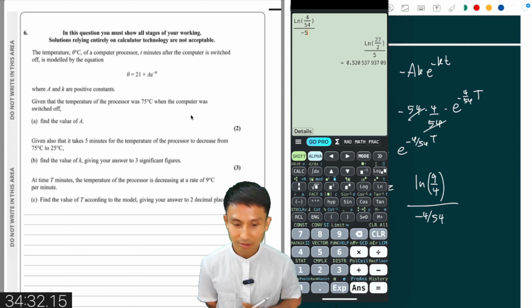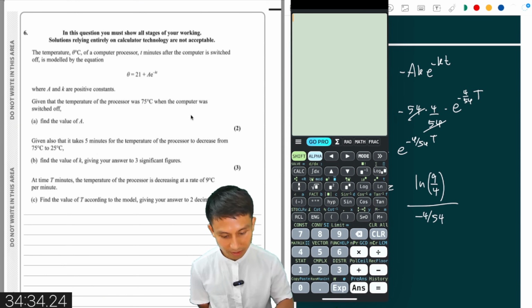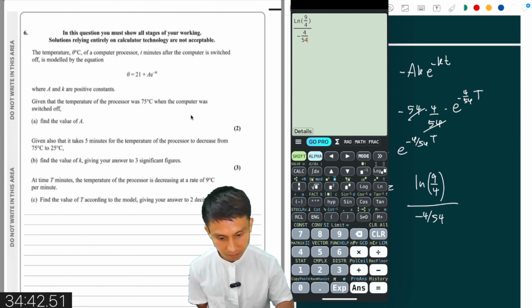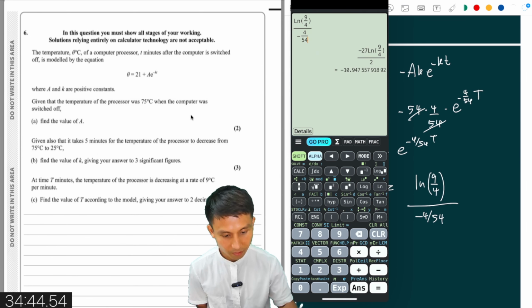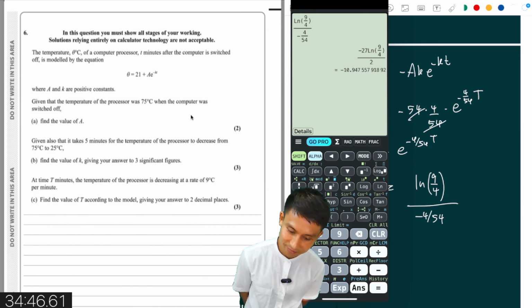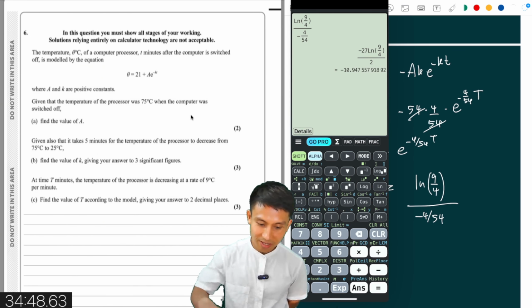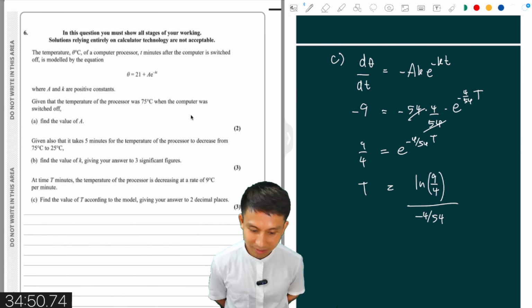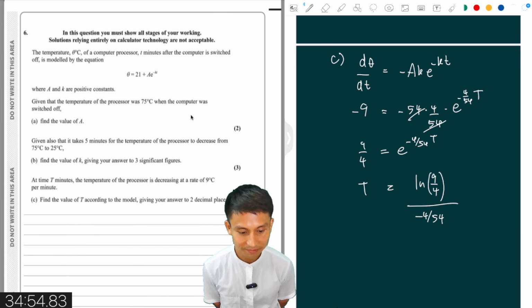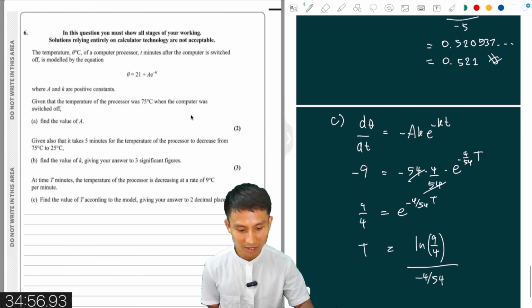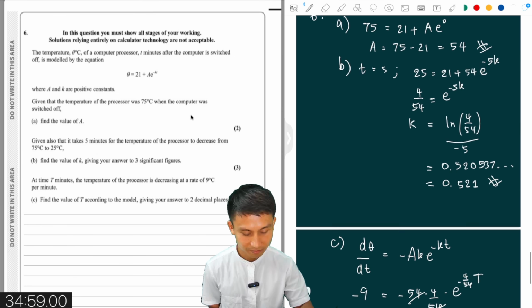Calculator, 2 decimal places. ln of 9 over 4, and then divide by the denominator, minus 4 over 54. Wait, what? I get a minus? Okay, hang on, I made a mistake somewhere then. This shouldn't be a minus. Let me check, right?